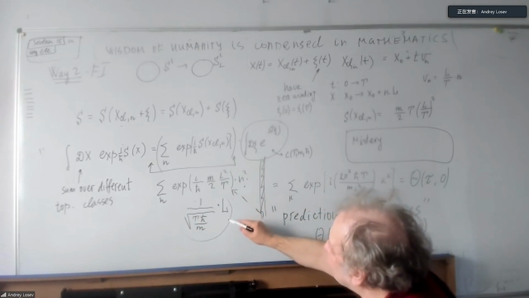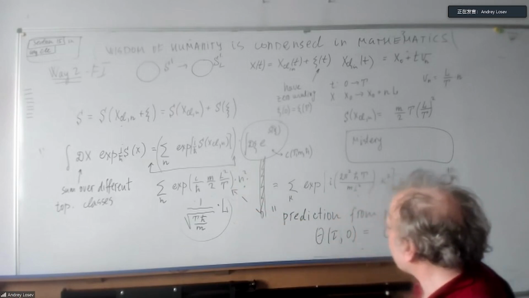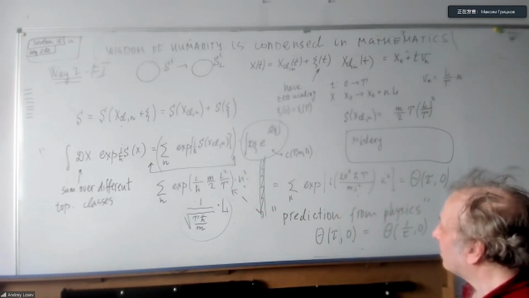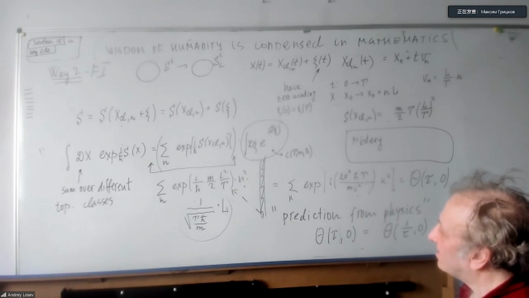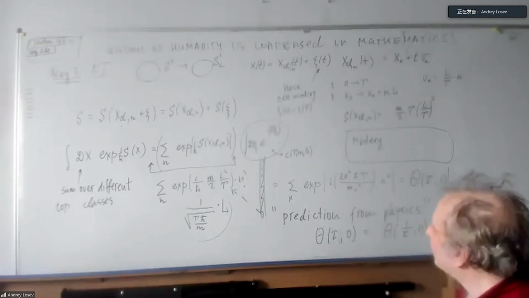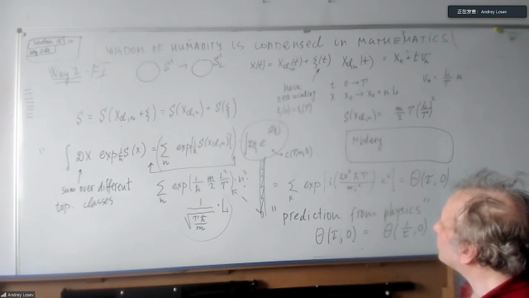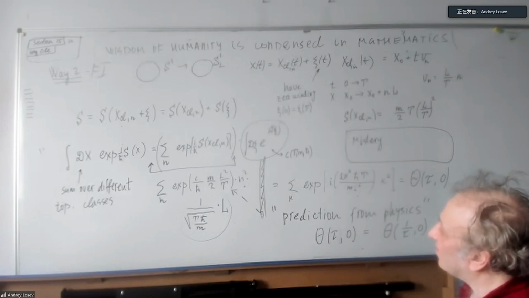It's exactly the square root of the thing that stands here. Maybe p square over tau, because there is p square on the right hand side. So it's a question of where I put this p square.